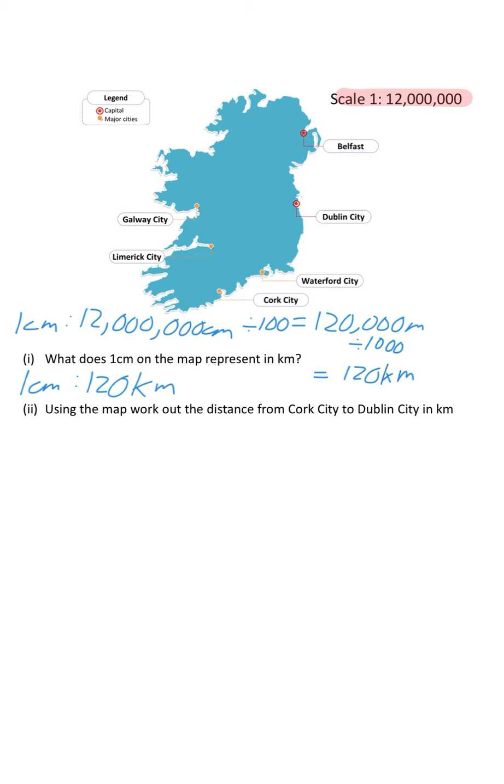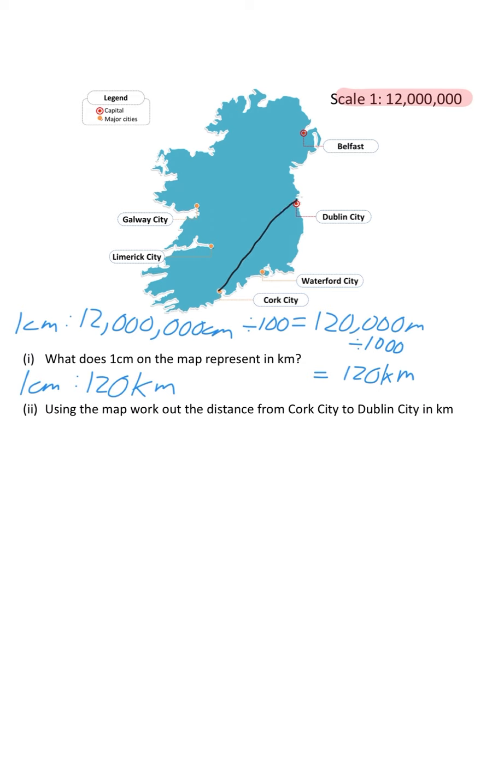Okay, so next part then, using the map, work out the distance from Cork City to Dublin City in kilometres. Okay, so if you were doing this, you'd use a ruler, and you'd connect Cork City to Dublin City.